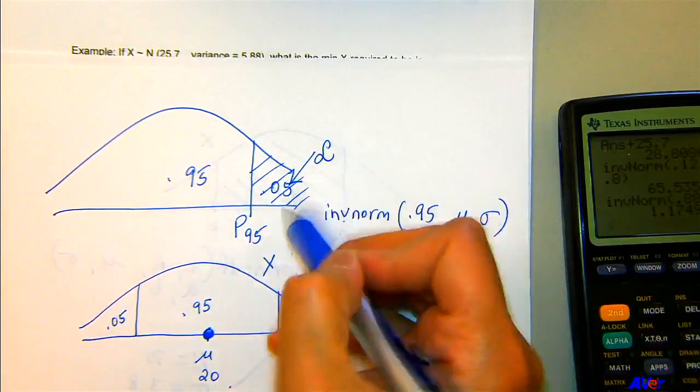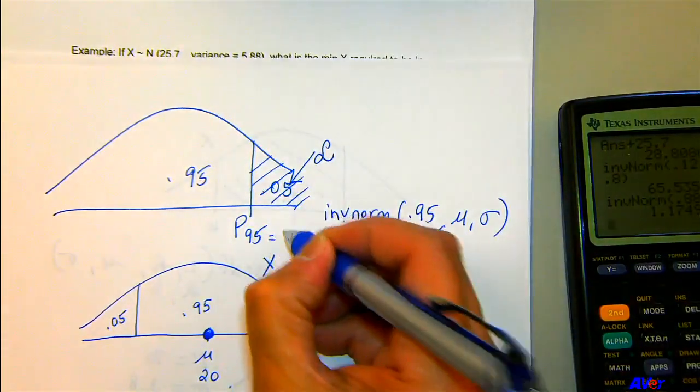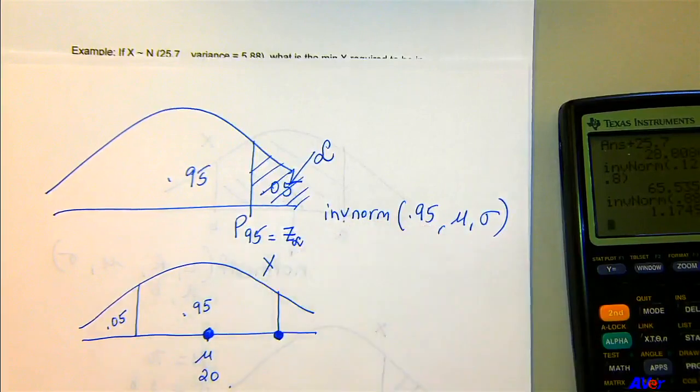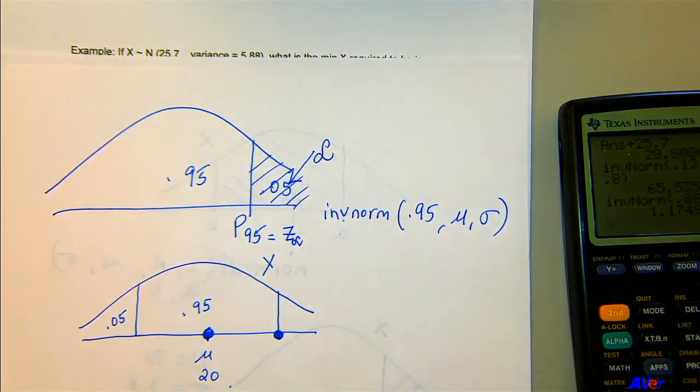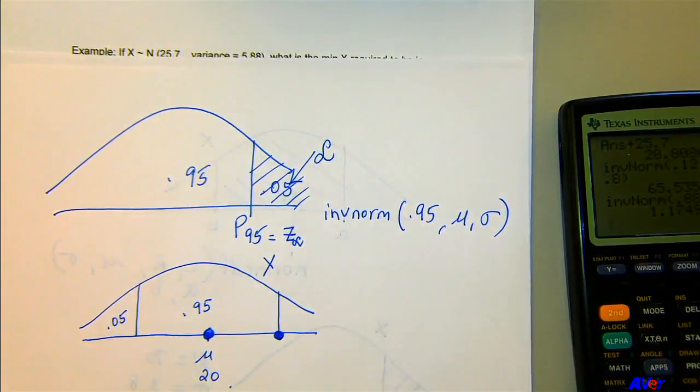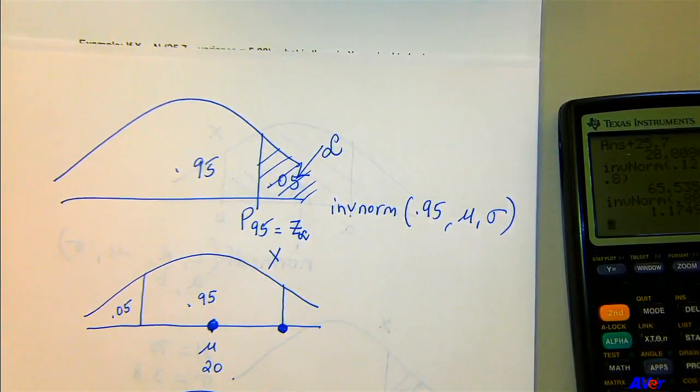If this is alpha, this is called z alpha. Z alpha is the value of z such that alpha is the area in the right tail past that number.